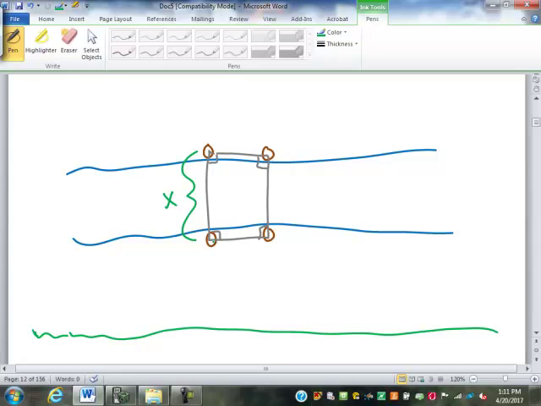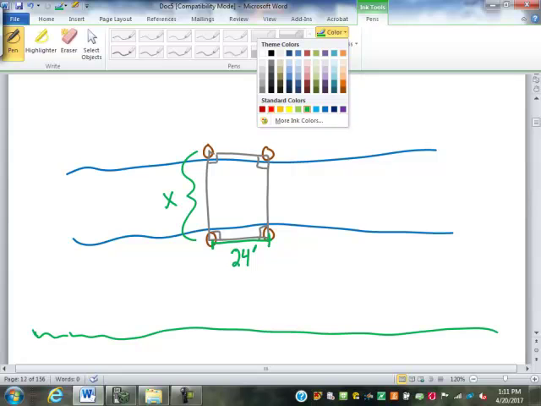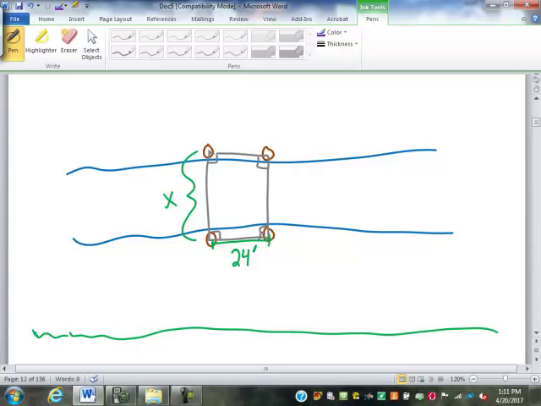So you measure here and you find that the distance between these posts is 24 feet. Did we talk about a theodolite much? We mentioned it, right? So you use your trusty theodolite to set up here, and you shoot it this way to get a 0 degree angle.